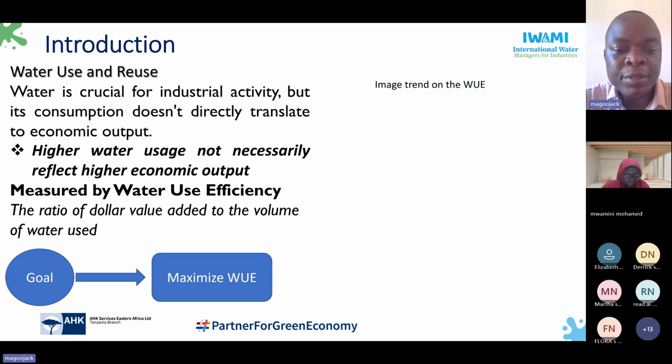The purpose of water use strategies to minimize the amount of water used within the industry is to maximize the water use efficiency, which implies the value of the water put into the various activities carried out within the industry.